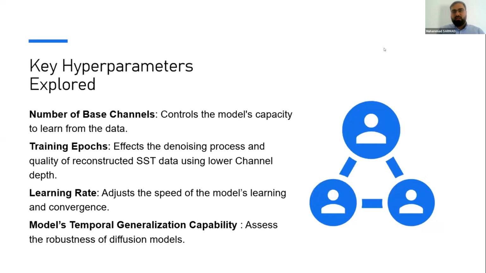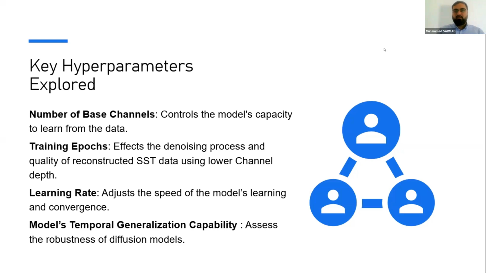So in our study, we explored some hyperparameters, which include the number of base channels. Basically, the base channels are the output of the first convolution layer, which tells us how many features are explored. So it controls the model's capacity to learn from the data.